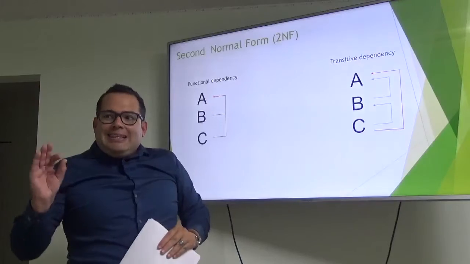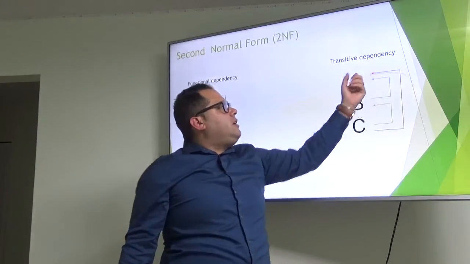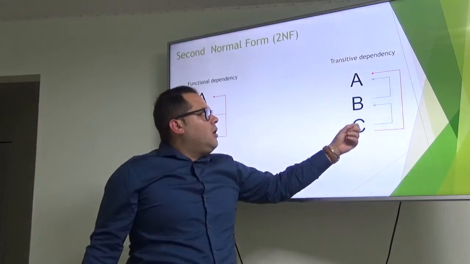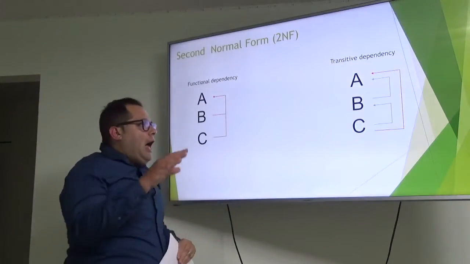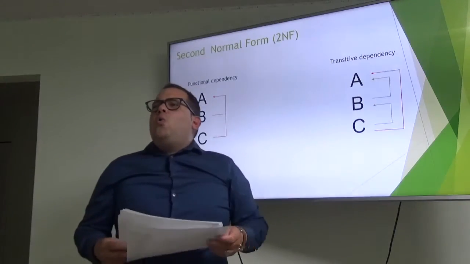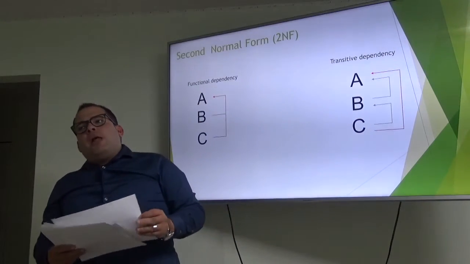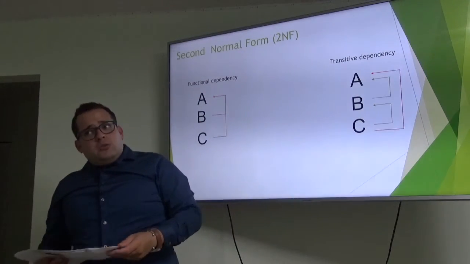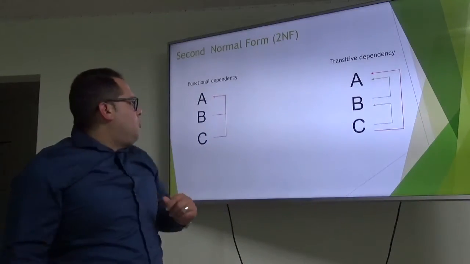Well, in that case, we have a transitive dependency from C to A. Okay? Well, having that in mind, how can we transform the first normal form tables or database into the second normal form?